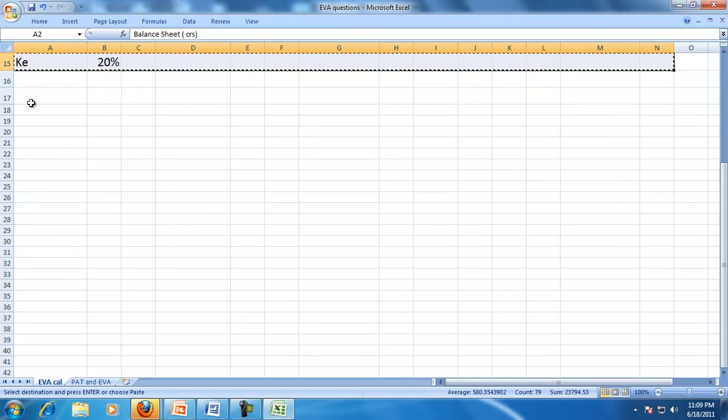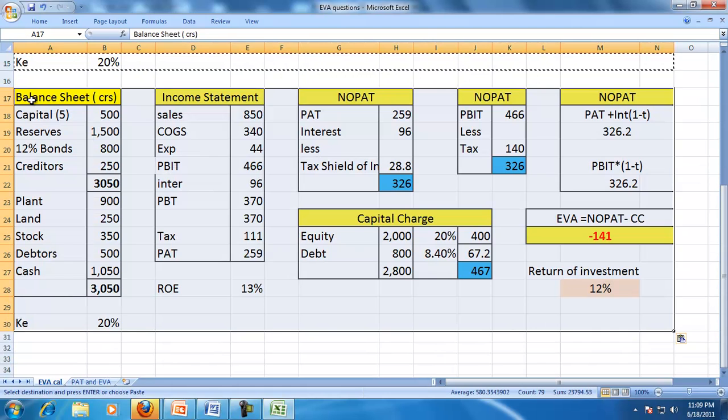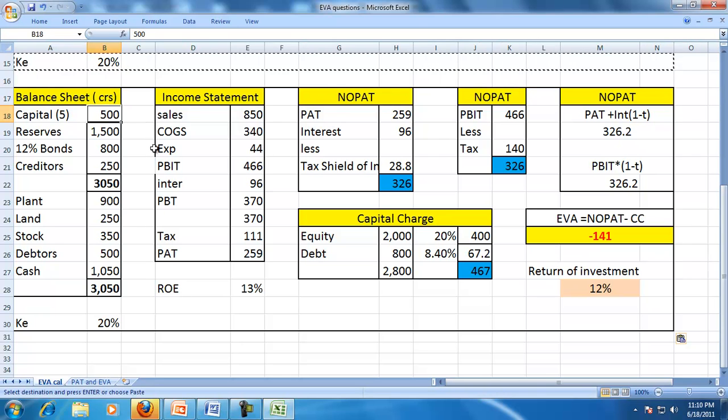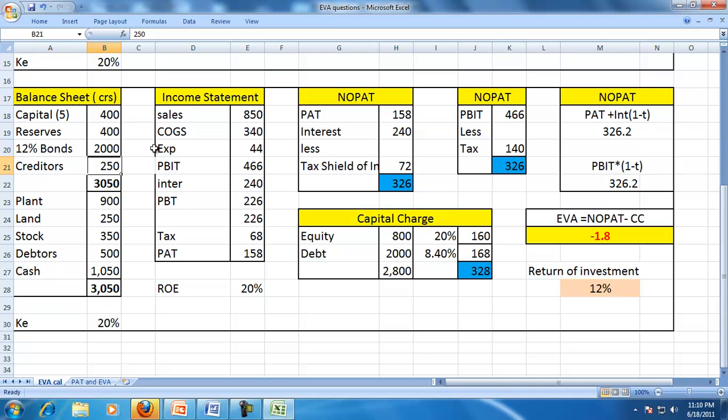I'm just making the change. I'm not changing the total, so therefore I'm making the capital 400, debt 400, and reserves 400, and the bonds 2000. That means I've changed the composition of capital employed. I've changed the debt and equity, my NOPAT remaining constant.